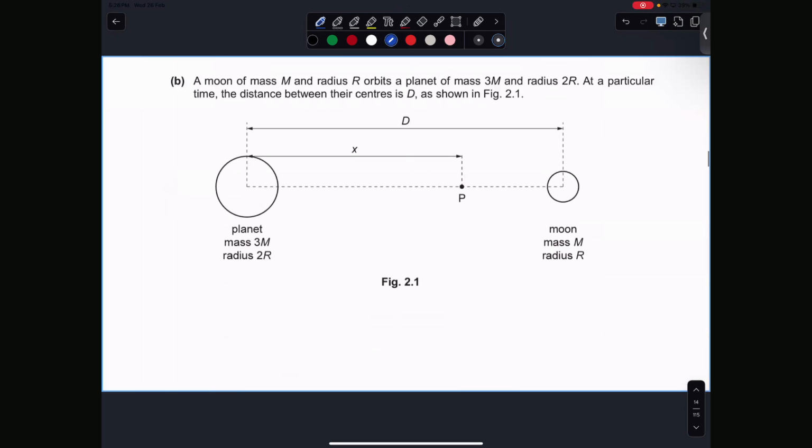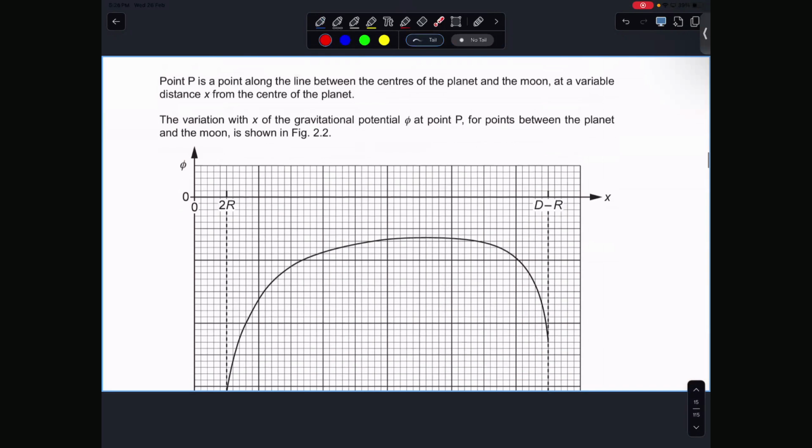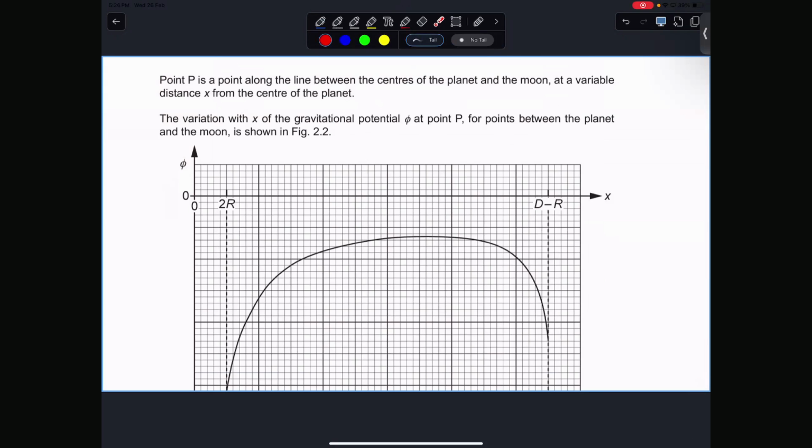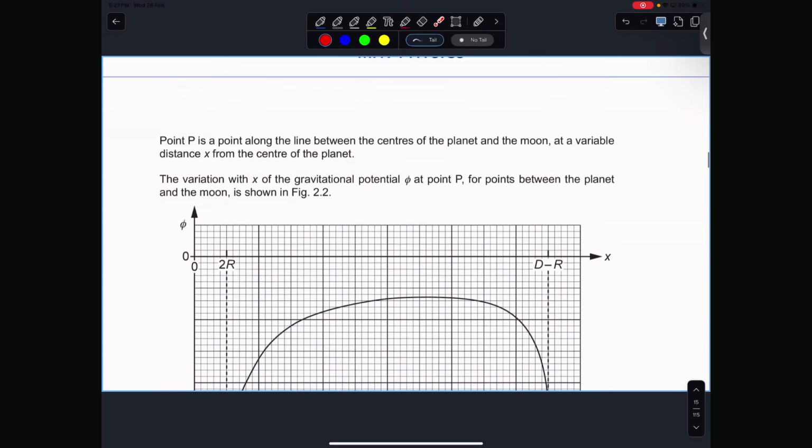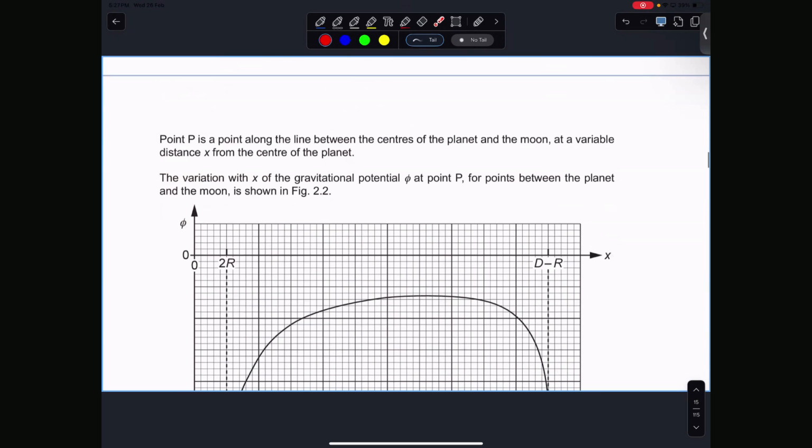Okay, let's do this one. A moon of mass m and radius r orbits a planet of mass 3m and radius 2r. The distance between the centers is d, as shown in figure 2.1. Point P is a point along the line between the centers, at a variable distance x.